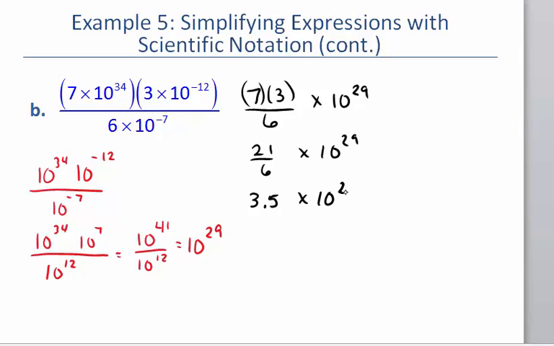And so our final answer in scientific notation will be 3.5 times 10 to the 29th. Now, it wouldn't be practical to write this in non-scientific notation because we would have to move our decimal place 29 places to the right. And so we'll simply leave this in scientific notation.